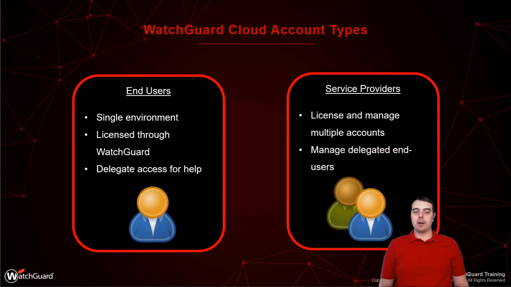Service providers are accounts available to WatchGuard partners that allows them to manage multiple accounts at once. Think of service providers like a tree. The trunk is the main Tier 1 service provider with its own AuthPoint configuration.